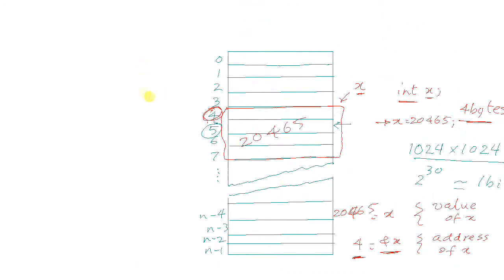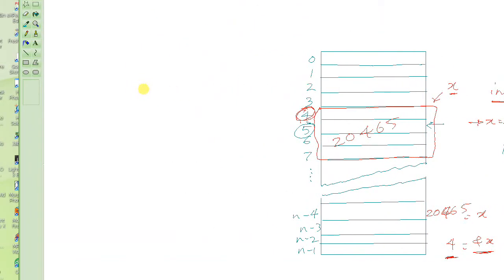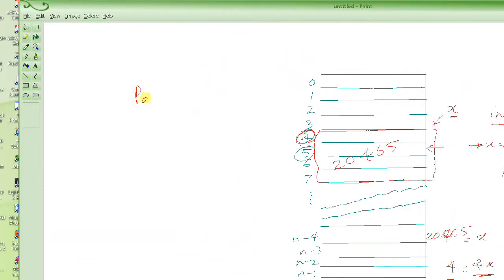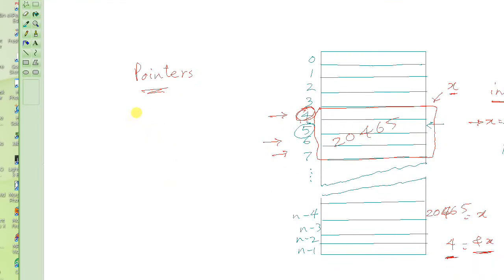Now in C, there is a concept of pointers. Pointers, as the name suggests, point to memory locations. They can point here, here, or here. How do you declare a pointer?